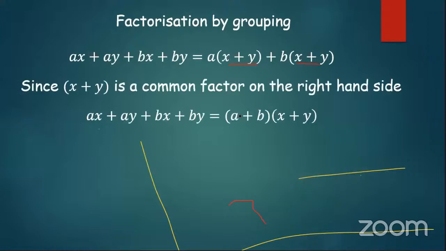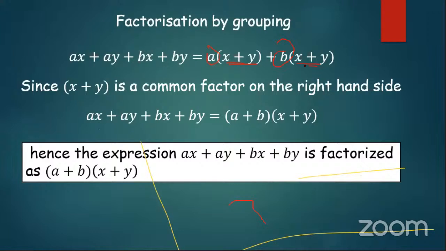So we are going to have A plus B into X plus Y. Because this and this are common, they can be written once, which is X plus Y. Then here we remain with A, and in the second one we remain with B. So that is how we come up with A plus B into X plus Y.